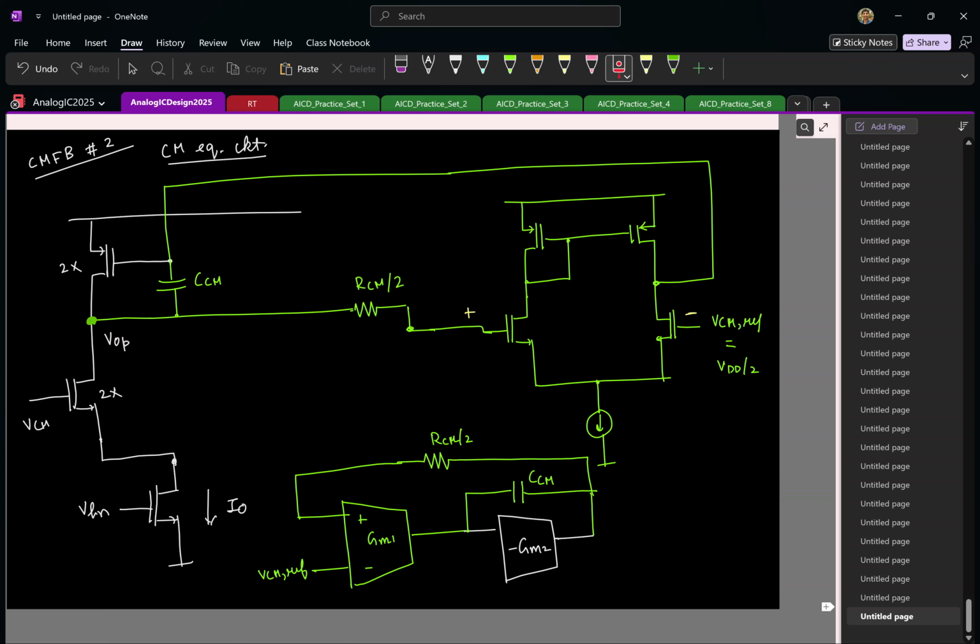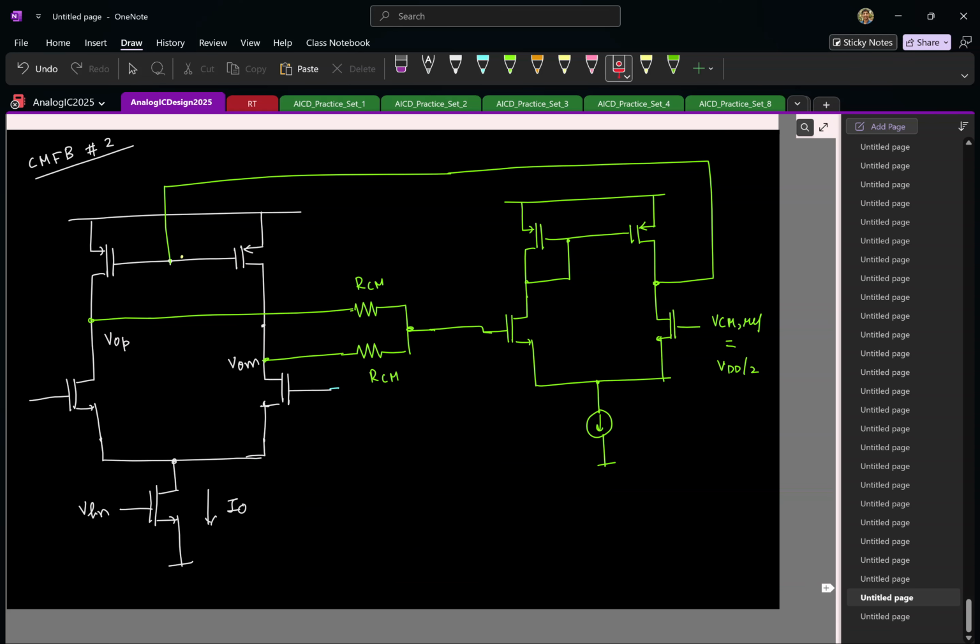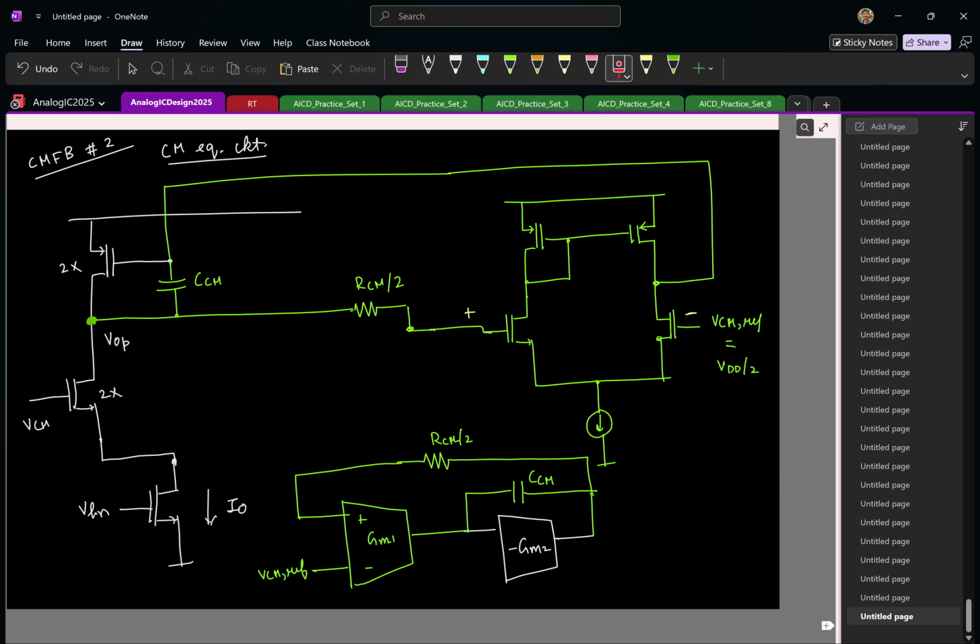The differential mode part is still a single stage OTA, we'll verify that. So there we don't need to do anything. So for common mode signals, you have an effective two-stage structure. That two-stage structure for common mode needs to be compensated, and that is what we are doing here.